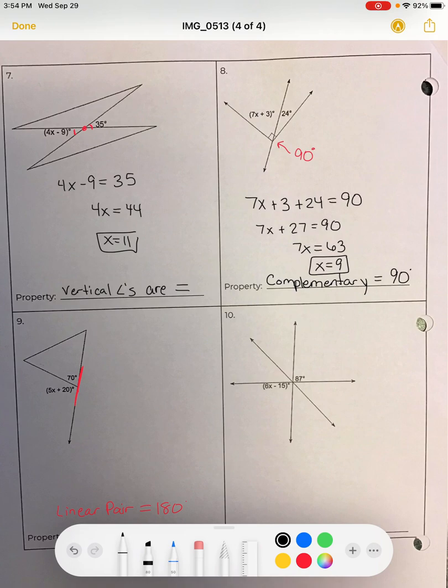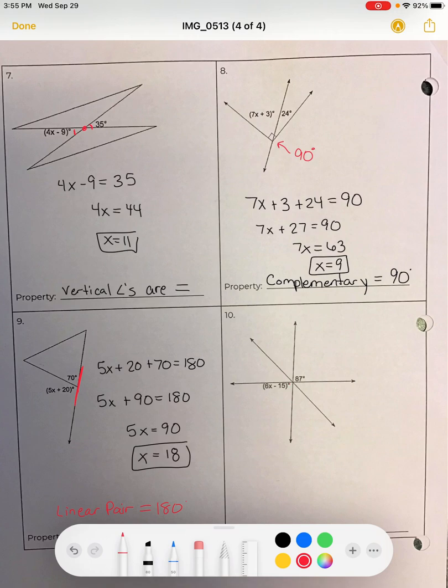Okay, so linear pair add up 5x plus 20 plus 70 equals 180. Combine your like terms. Subtract your 90 to the other side, and then you'll divide by 5. So you get x equals 18.